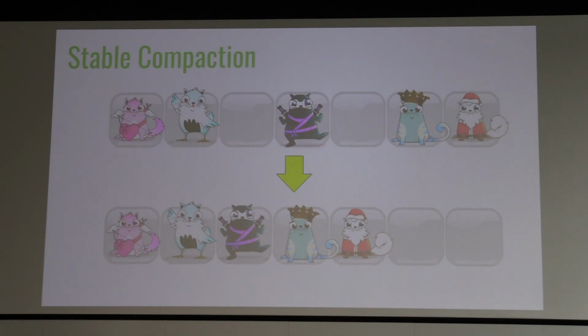Okay, so here's what stable compaction is. Imagine your input is a memory array, and some of these cells store CryptoKitties, and other cells are empty. Does anyone not know what CryptoKitties are? CryptoKitties are non-fungible tokens on Ethereum.